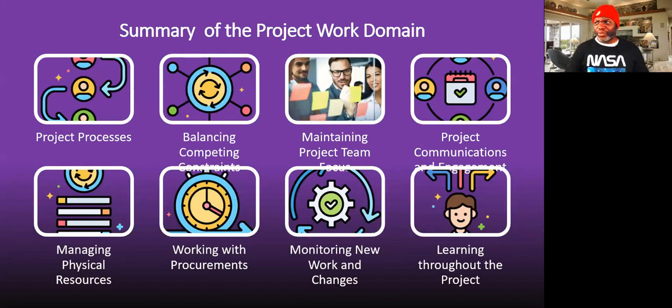Then we have the project work domain. So in the project work domain, we talk about project processes, balancing competing constraints, maintaining the project team's focus, project communications and engagement, managing physical resources, working with procurement, monitoring new work and changes, and learning throughout the project.